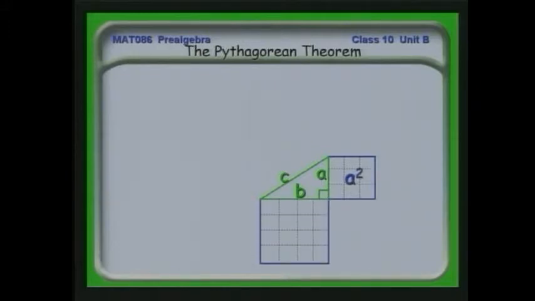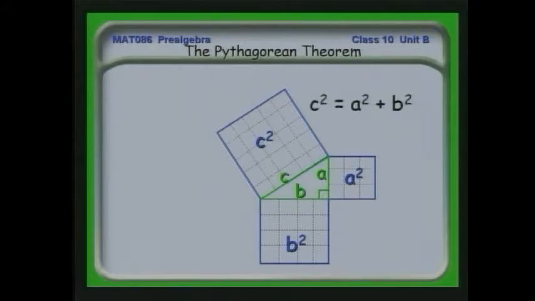A square whose side is B, or B squared, and another square whose side is C, or C squared. And we're saying it's generally true that if one of those angles is a right angle, the area of the two legs added together is equal to the area of the long side, the hypotenuse. C squared is equal to A squared plus B squared.